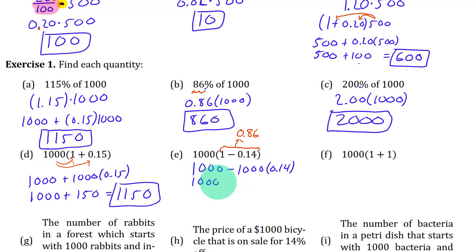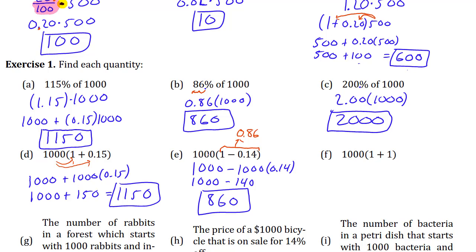And 14% of 1,000 is 140. So if we take the original 1,000 minus the 14% of 1,000, what we end up is 860, which is 86% of 1,000. So both B and E are telling you the same thing, but written in different ways.